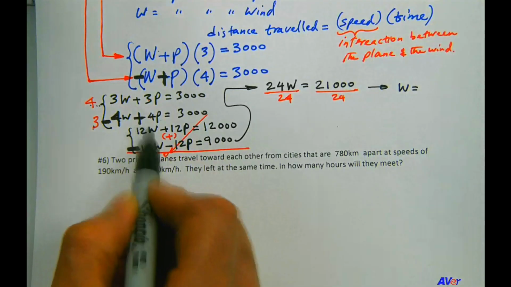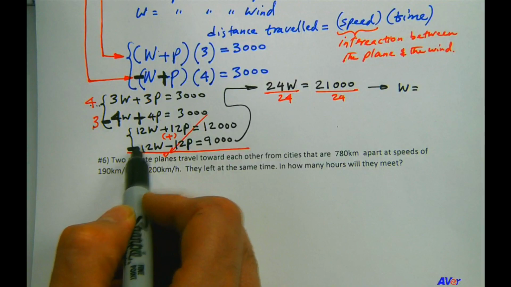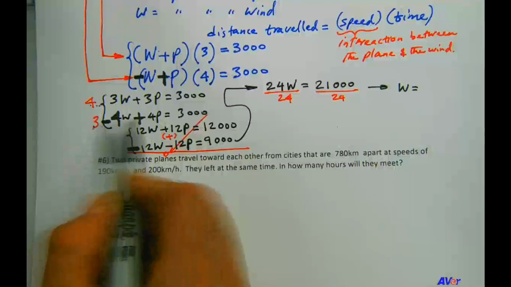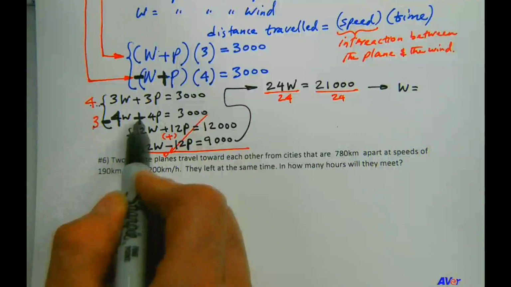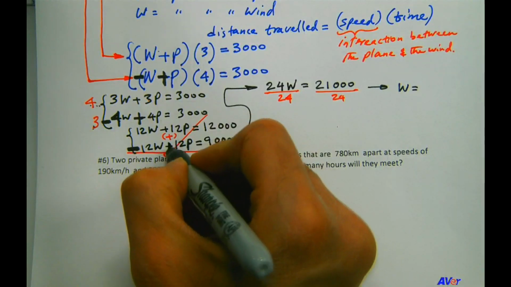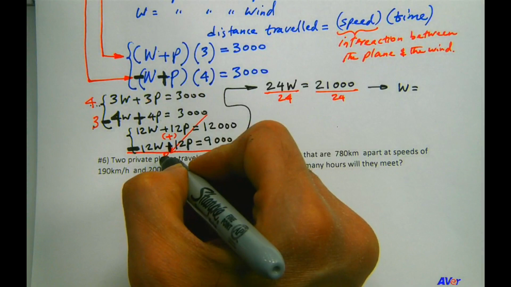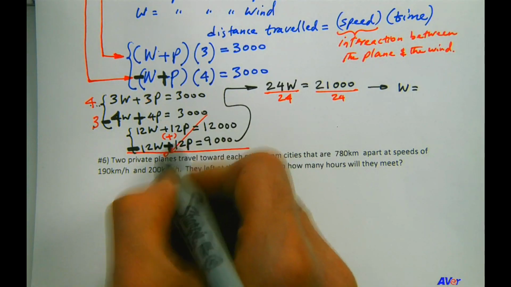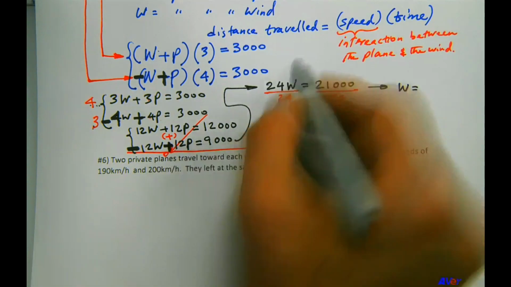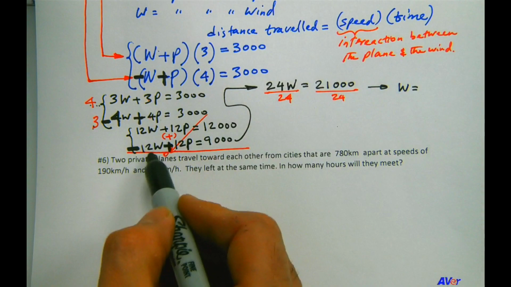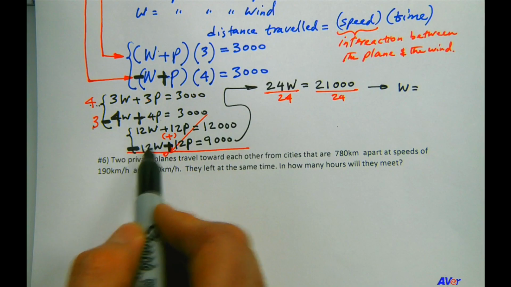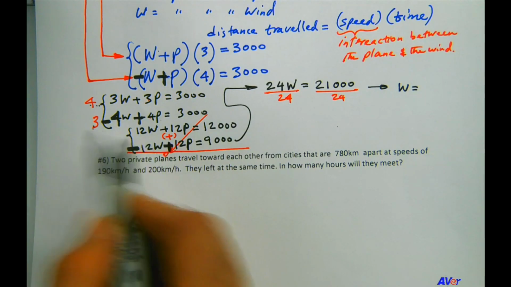So it's the wind element that is going to have the opposite, but the plane piece will have equal, that one will have plus 12P. So the wind element drops out, 12W plus minus 12W drops out.